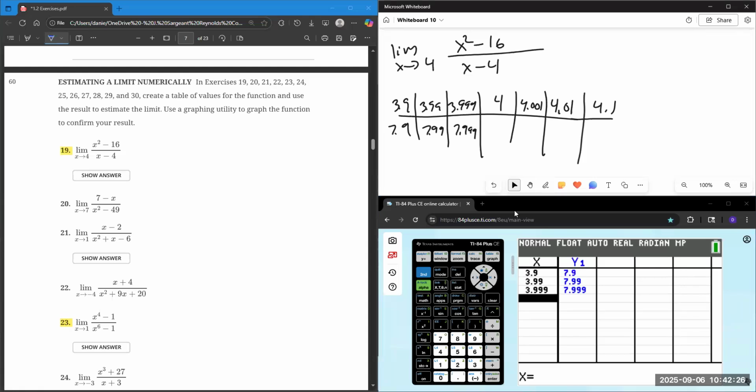I think I'm closing in on 8 here. 4.1 is 8.1. 4.01 is 8.01. And 4.001 is 8.001. I don't know, but I think the limit there appears to be 8.